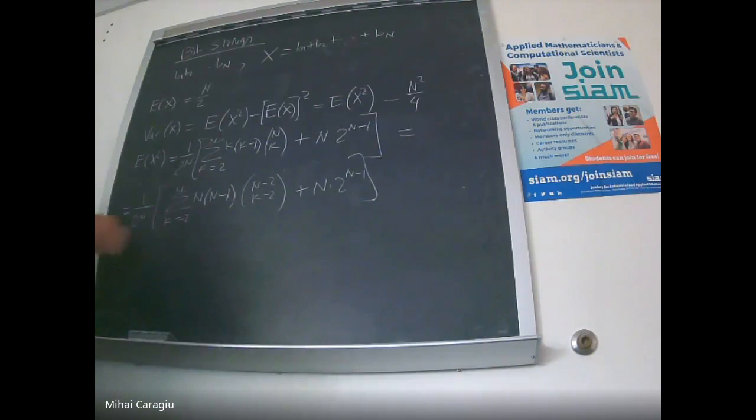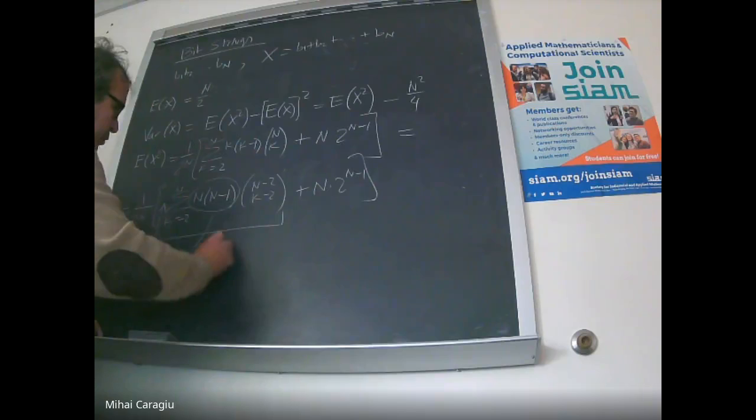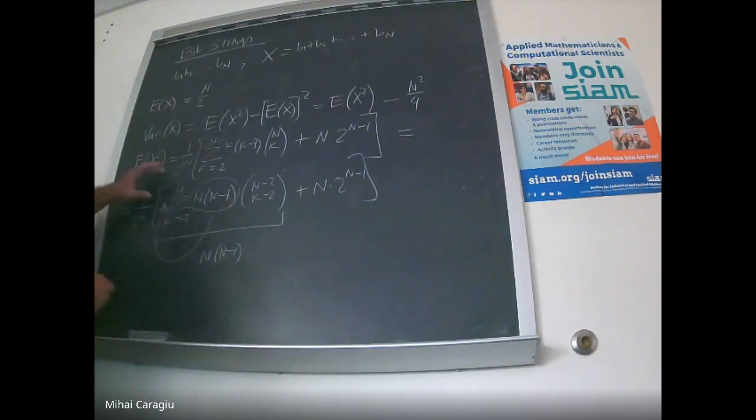For this first sum, n times n minus 1 can be put in front of the sum, and we are left with the summation from k equals 2 up to n of n minus 2 choose k minus 2.